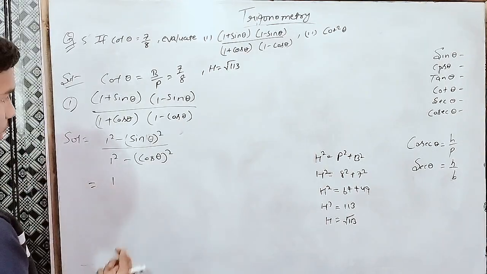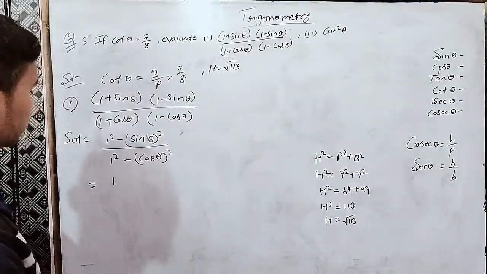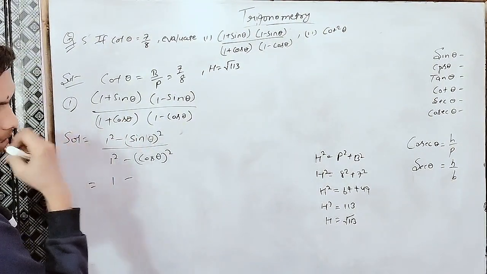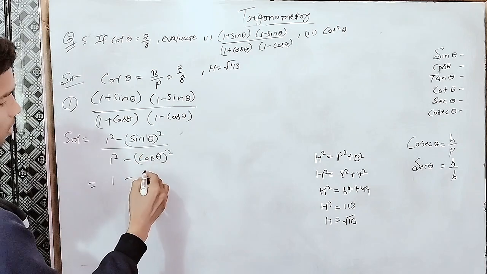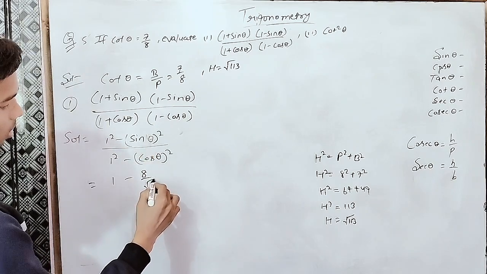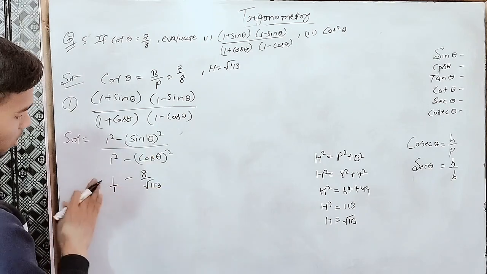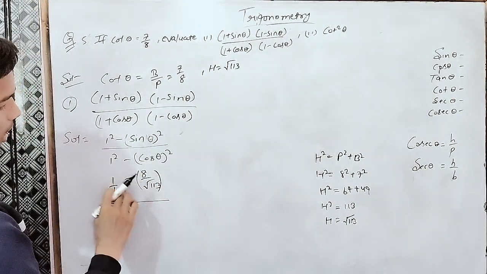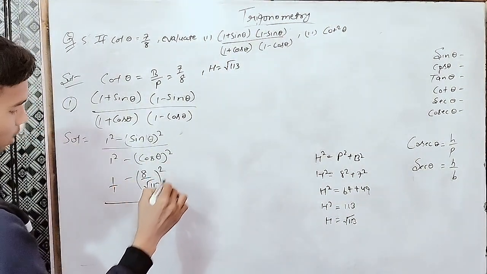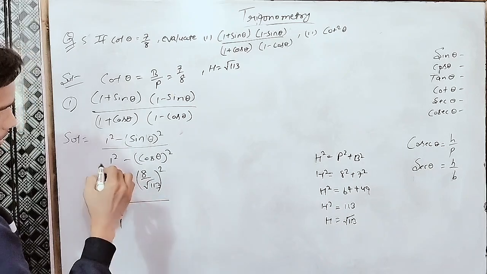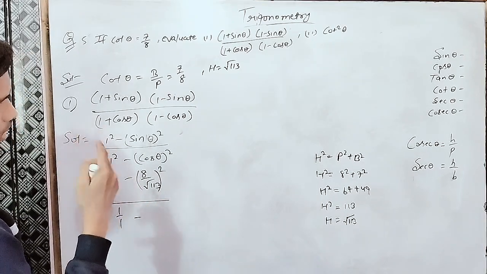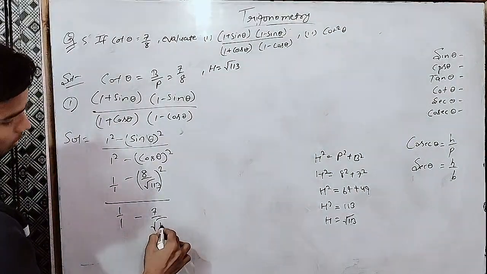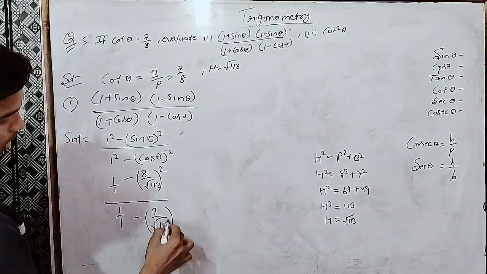Now let's put the value of sine theta and cos theta. Sine theta is P by H. P is 8 and H is under root of 113. This fraction is in a square. Similarly here, cos is B by H, B 7, H under root of 113. This is in a square.